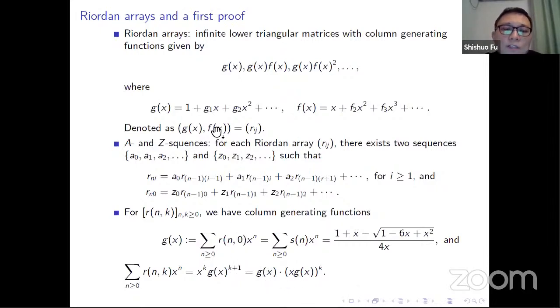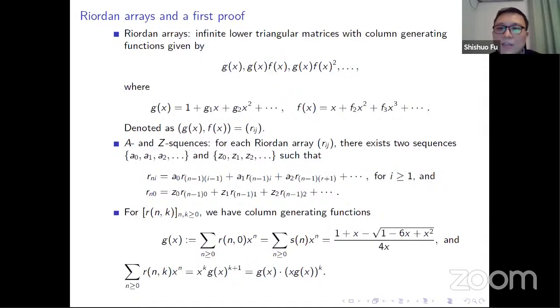So here, if we take this approach, we can easily show the column generating functions for these two triangular arrays, namely the first array for the large Schroeder numbers and the second array for the little Schroeder numbers. They behave like this: g(x) times f(x), g(x) times f(x) squared. This is simply because, remember, the array is refined according to the number of heels. So the number of heels divides your Schroeder path.